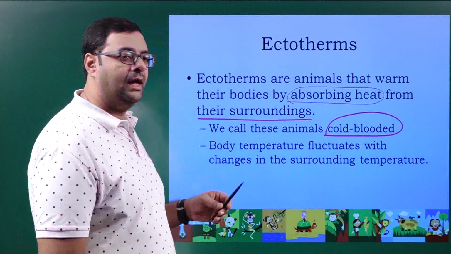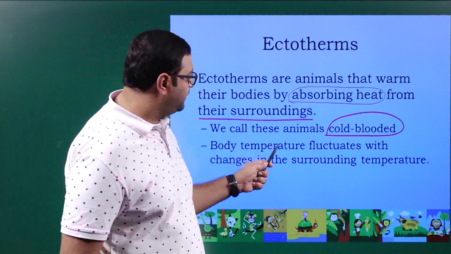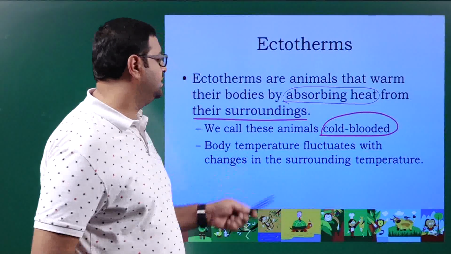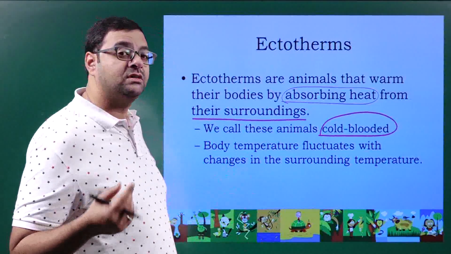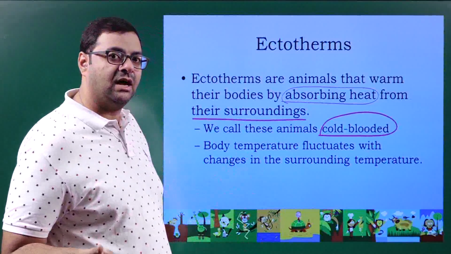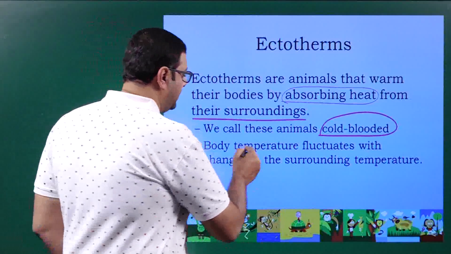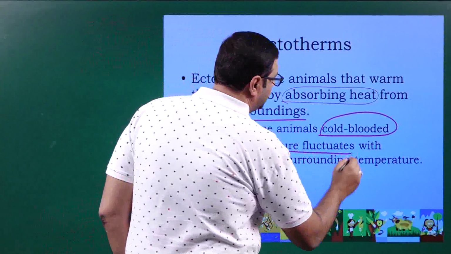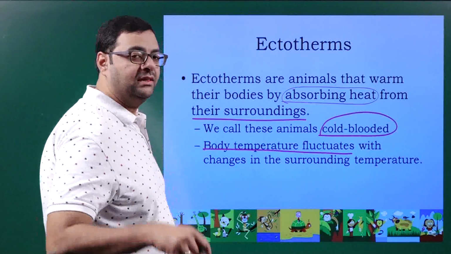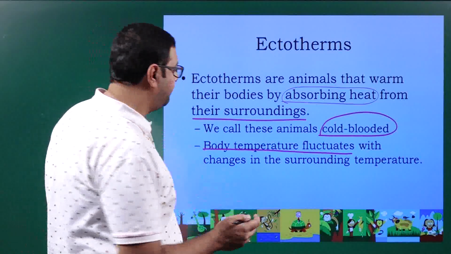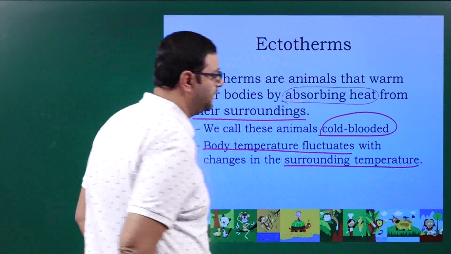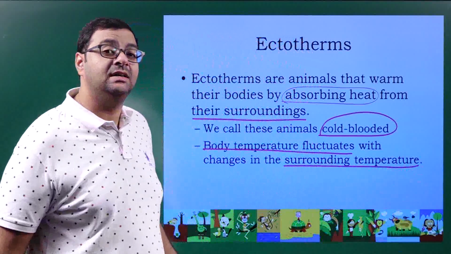Now, body temperature fluctuates with change in the surrounding temperature. Because these organisms are cold-blooded, the body temperature always fluctuates, that is, it equates itself to the surrounding temperature because the organism has to survive.